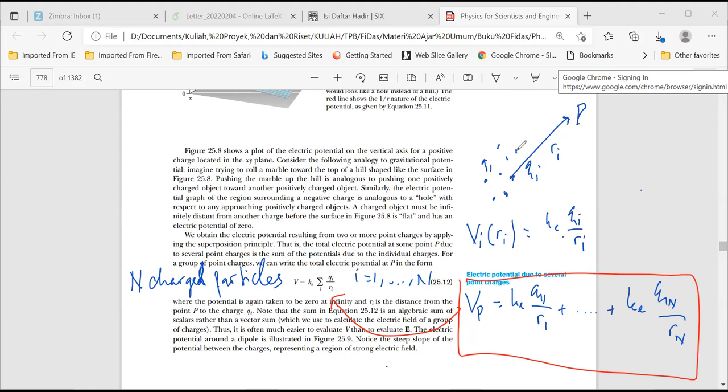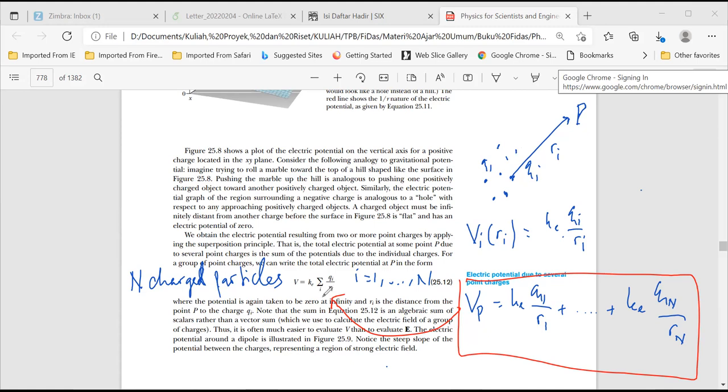So in this case, we just sum the potential from each particle. So we will get this formula, in the red box here. This summation can be simplified to this, 25.12.